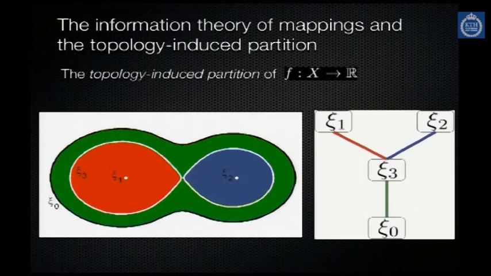So associated with this type of topological motif, we're going to associate a graph, okay? And the nodes in the graph, the vertices, correspond to the critical level sets, and the edges correspond to the cells in the topology-induced partition that connect the critical level sets.